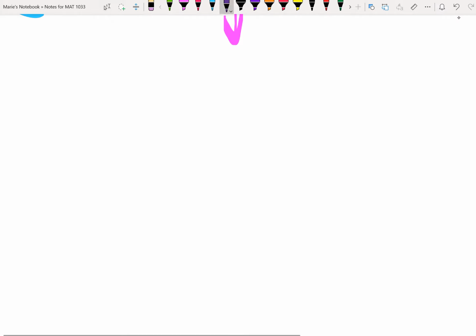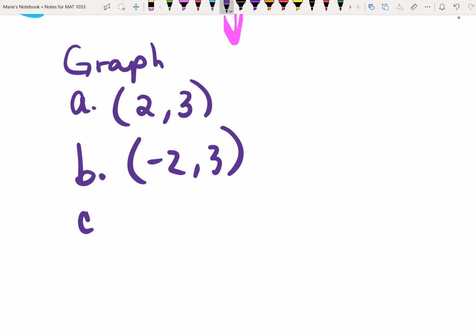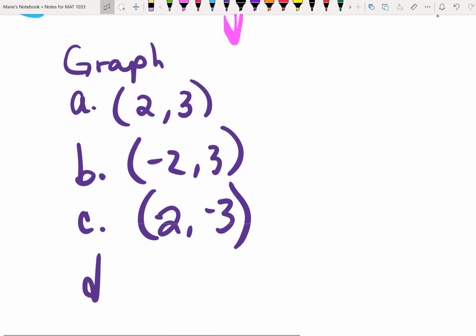Alright, so if I give you a set of points and I say to you, graph the point, I'll give you 2, 3, negative 2, 3, let's go with positive 2, negative 3, and then both are negative, so negative 2, negative 3.